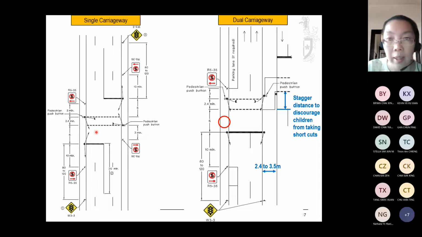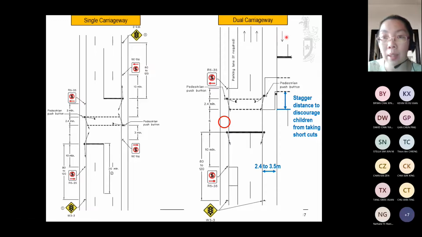Okay. And if you have a dual carriageway, this diagram only shows one side of the carriageway. So if you look at this, this is 2 lanes going in this direction, and this part is the median, 2.4 to 3.5 meters. And then on the other side, you have the other direction.